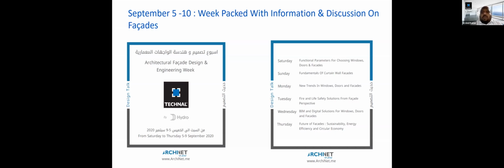On Tuesday, we will talk about a very important topic, which is fire and life safety solutions from a facade perspective. This is going to be also a very important session, given the fact that we have a lot of recent incidents which push us to think and rethink how we design facades from a fire and life safety perspective. On Wednesday, we're going to talk a little bit about digital solutions.